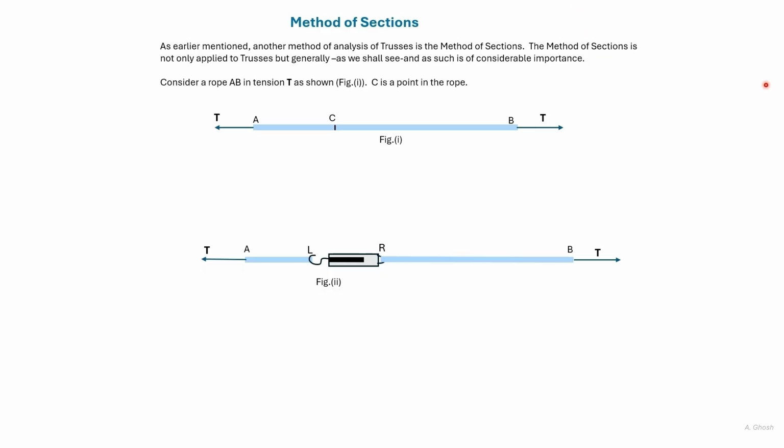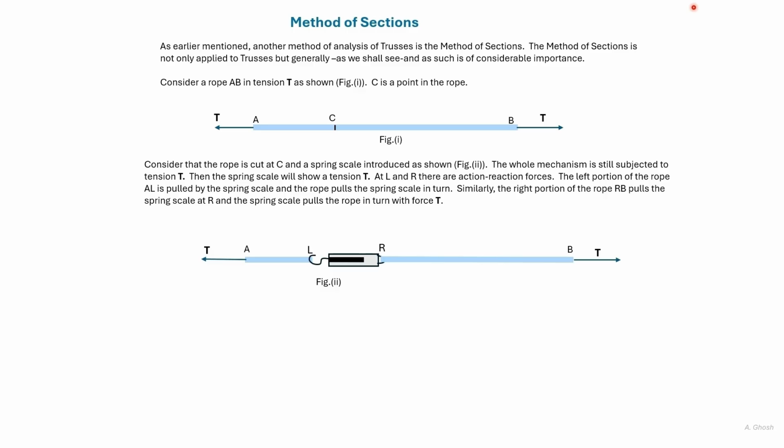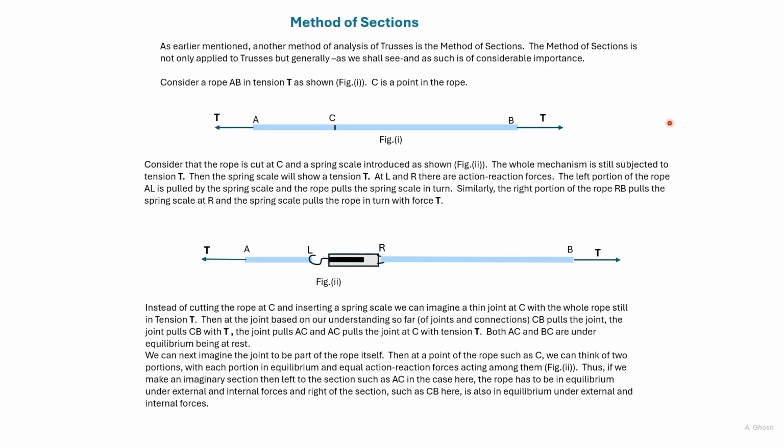Now, instead of the spring scale, let us consider that a thin joint is inserted at C. Then AC will pull the thin joint with tension T, and the thin joint will pull AC with tension T. Similarly, CB will pull the thin joint with tension T, and the thin joint will pull CB with tension T. Now consider C, or the thin joint at C, to be part of the rope itself.